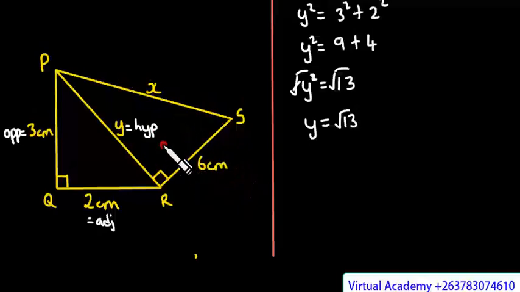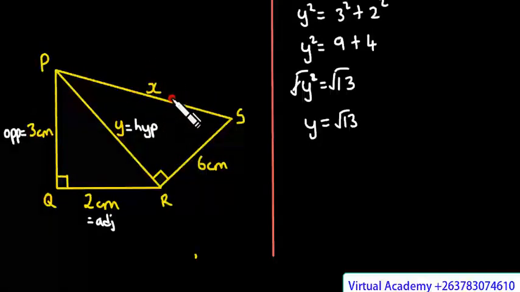We are now left to find the value of x. Since I now have the value of y, we can actually call this y root 13. Then I now have two given sides. I have y and I also have 6, and I need to find the value of x. So we name our sides first.